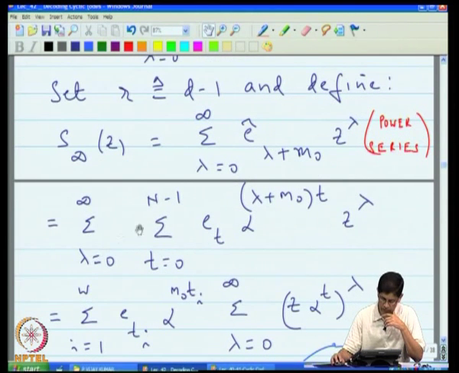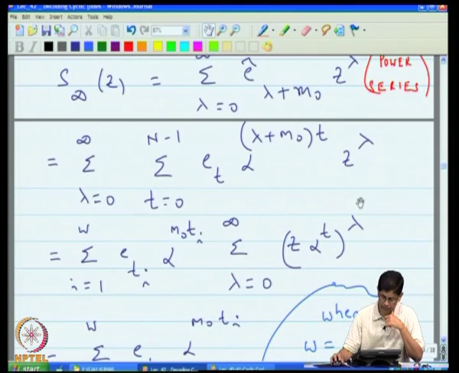Well, we continue this. This is the sum, and then I am going to introduce the definition of E hat of lambda here. So, I replace this by this expression here, E hat lambda is the sum over t of E t alpha to the lambda t, and then I have the z lambda. I rewrite this and I do two things here.